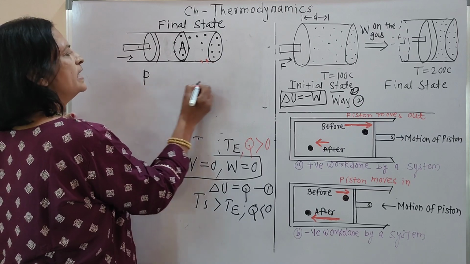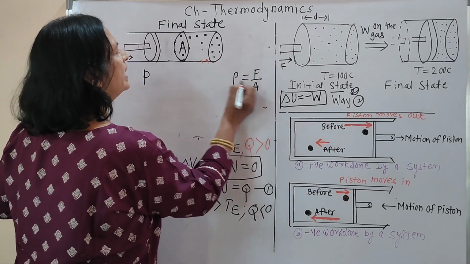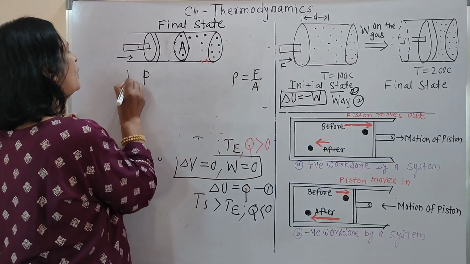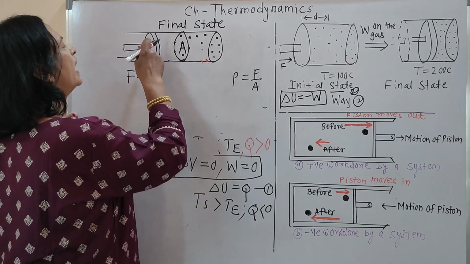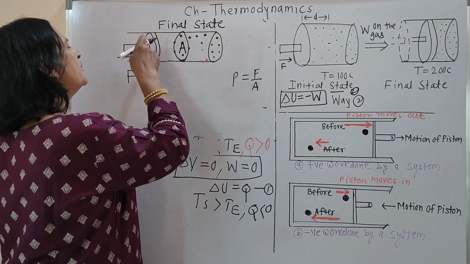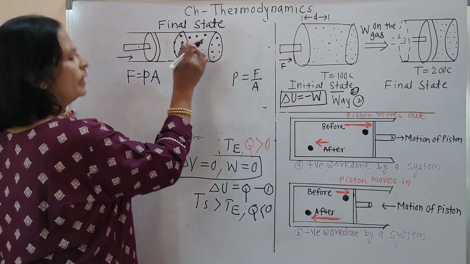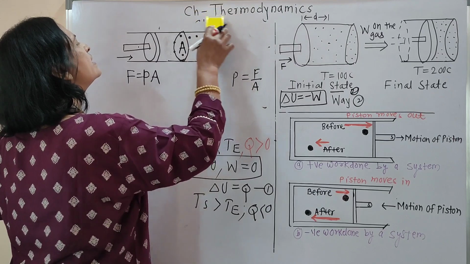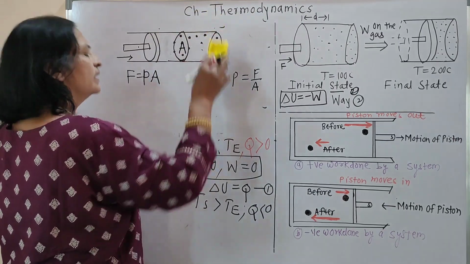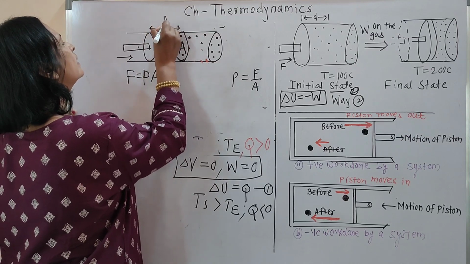Then we know that P is equal to F by A, and therefore F is equal to P into A. This is a constant force acting on that piston by this system. Understood? Now we have to displace this piston through distance dx.